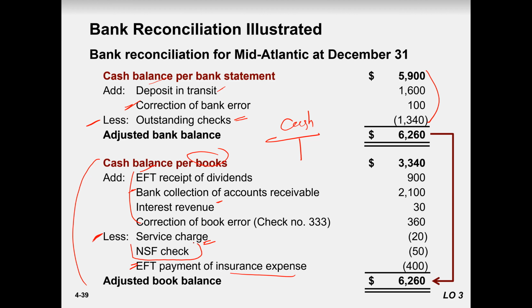And this one is very important, the NSF check, which are the checks written by customers and you received them. But you found out that those checks were bounced or don't have an appropriate balance, so the bank returned them. So the bank did not increase your cash balance, so you must decrease that.